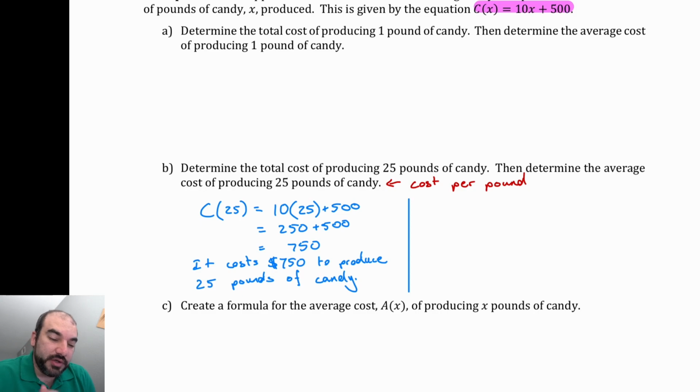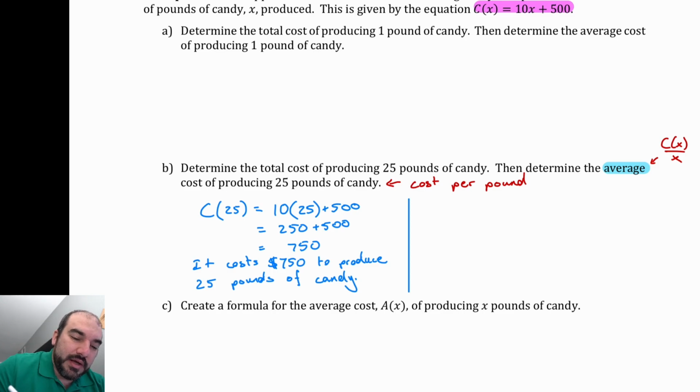So in order to calculate average, we're going to do C of X divided by X. So if we're producing 25 pounds of candy, then we'll figure out how much it costs to produce those 25 pounds of candy, and then we'll divide by 25 so that we get a per pound amount, right?